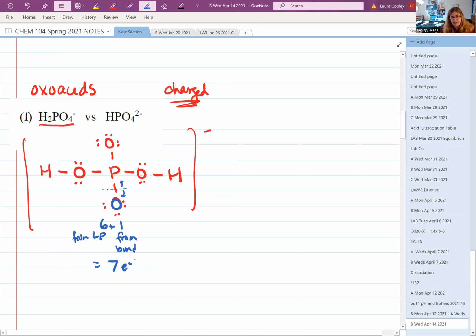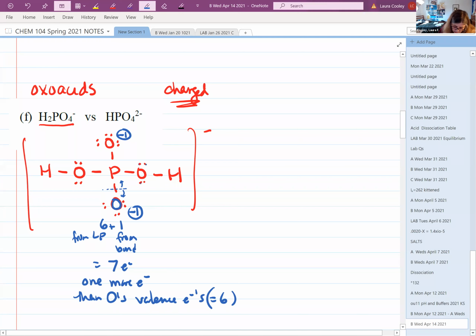This is always the case when you have an oxygen with 3 lone pairs. That's 1 more electron than oxygen's valence electrons, which is 6. So this has a formal charge of -1. And so does this oxygen over here, because it has the same configuration.